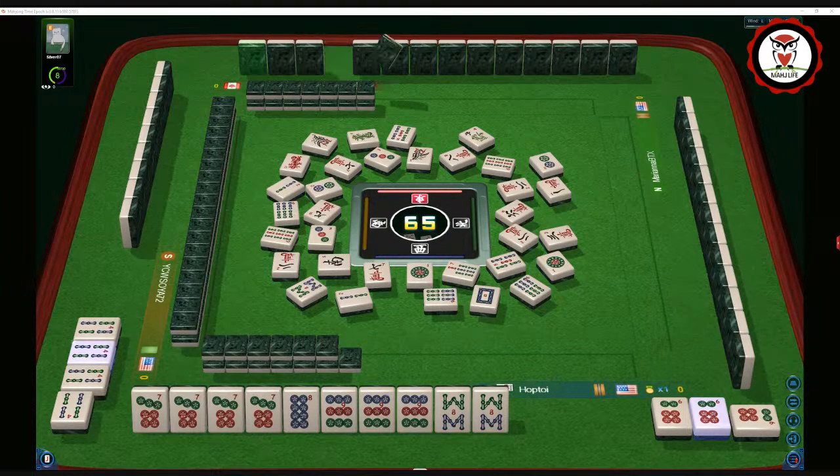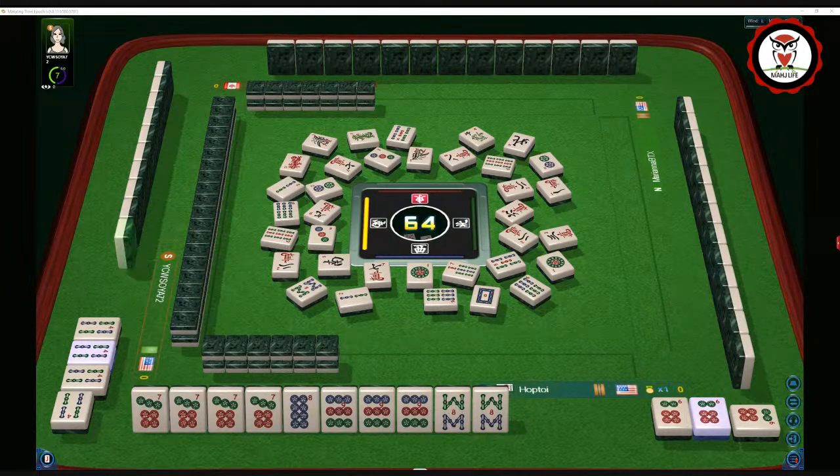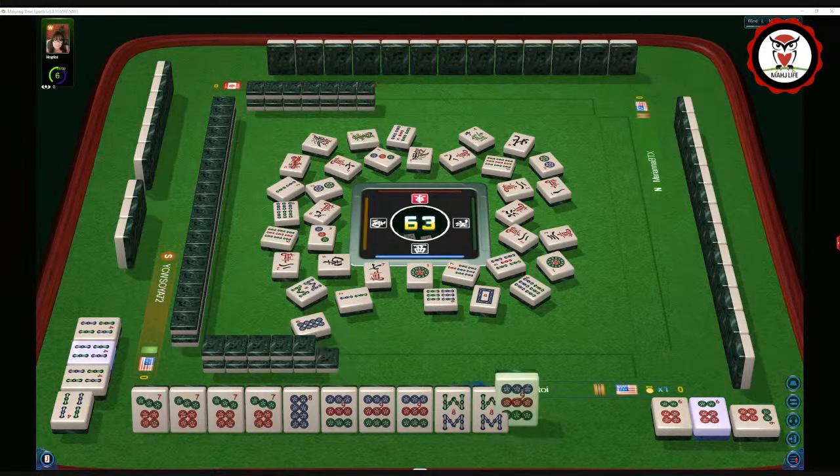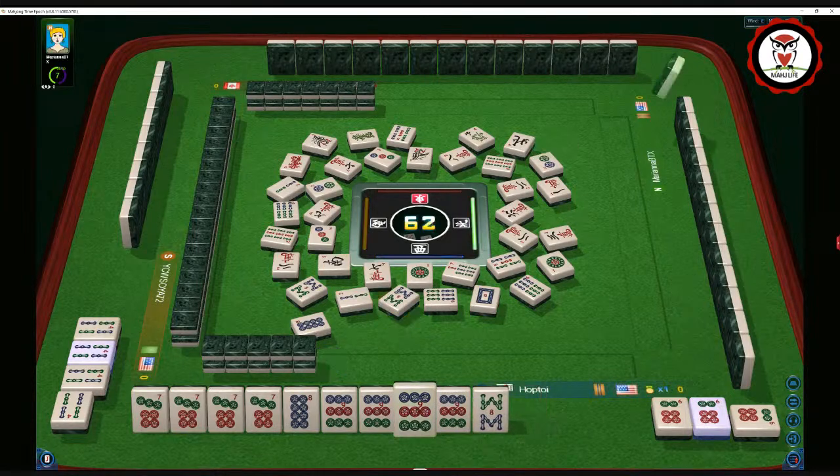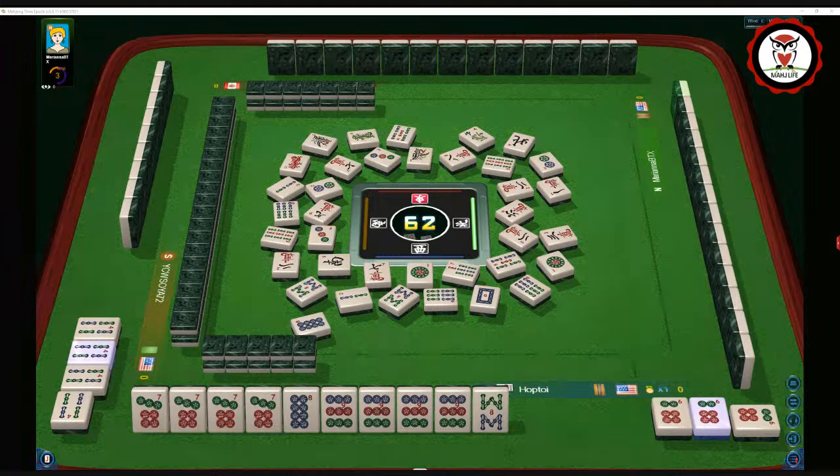North wind. 8 dots, that's a keeper. 8 bamboos. 2 bamboos. We need one good pick in here.